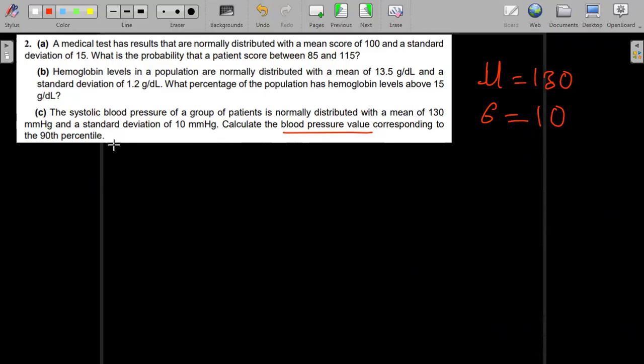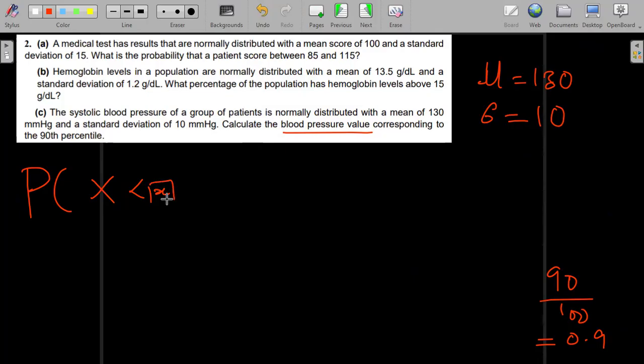What is good here is that they have told us the probability, because they're saying corresponding to the 90th percentile. So 90th percentile is 90 over 100, which is just 0.9. So the probability that X is less than a certain value of X that we want to find is equal to 0.9. So we want to find this value of small x.